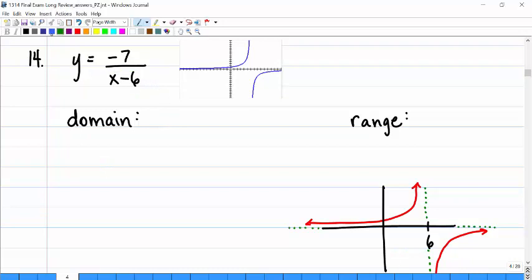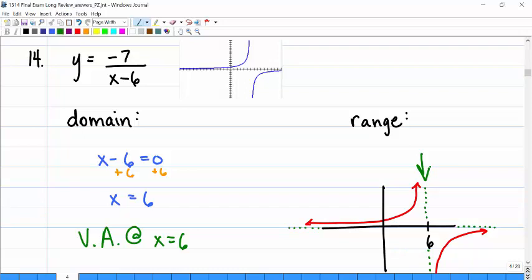So when does x minus 6 equal 0? Adding 6 to both sides, I see that that happens when x equals 6. So I know that there is a vertical asymptote at x equals 6. And if you look here at my hand-sketched graph, I did a dotted vertical line at x equals 6. That's a vertical asymptote. You can see it here in the graph on the calculator as well.